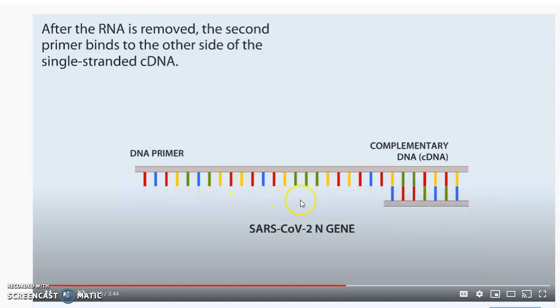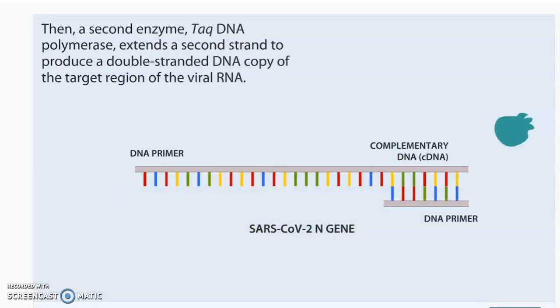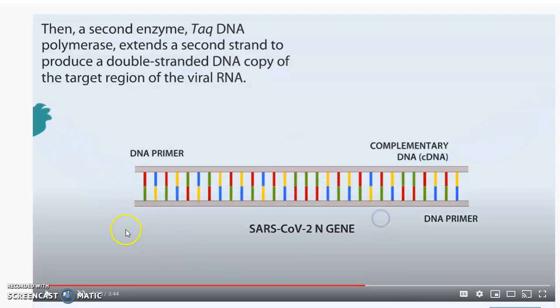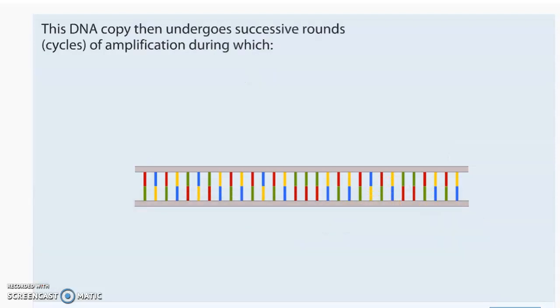So the RNA will be removed and then another DNA primer will attach to the complementary DNA, and then another enzyme called Taq DNA polymerase will create the rest of the DNA strand, making this one whole DNA strand, which is the SARS-CoV-2 N gene. But this time it's not an RNA, it's the DNA version of it.